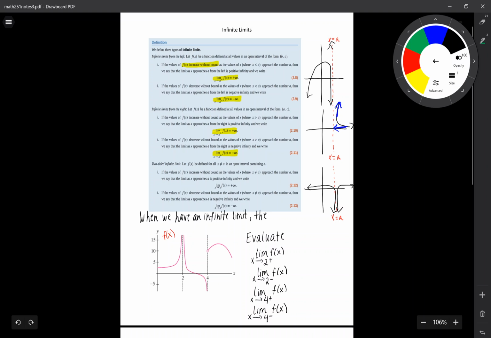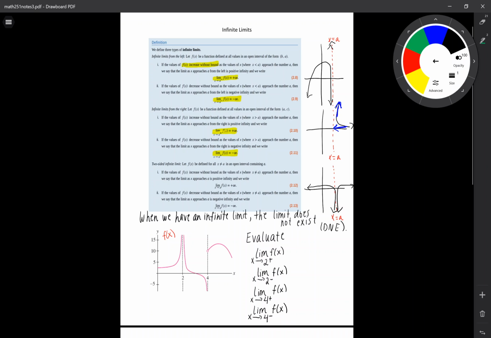Sometimes we abbreviate does not exist as DNE for short. So any kind of infinite limit, we just say that the limit does not exist.